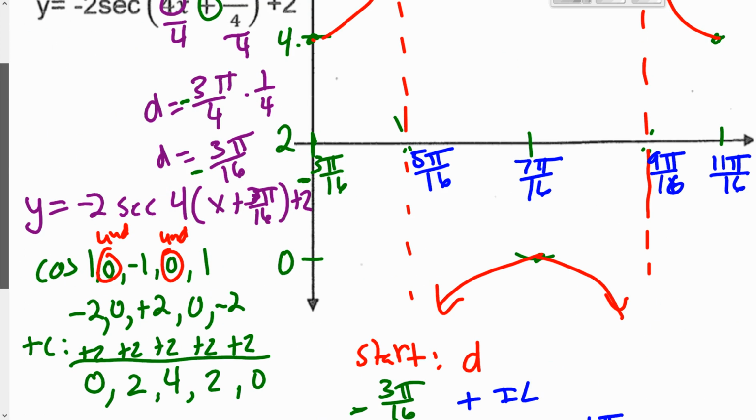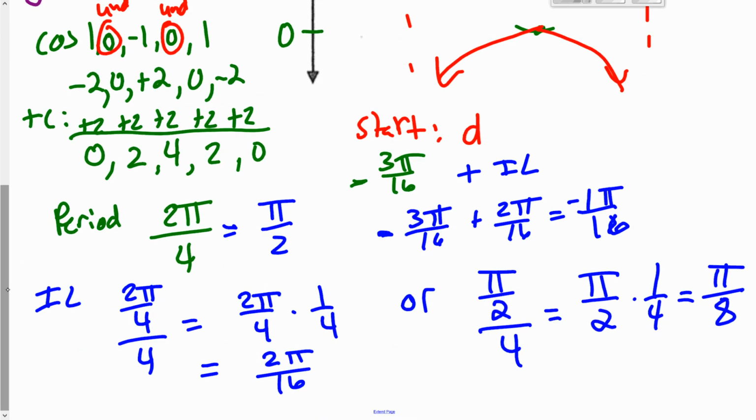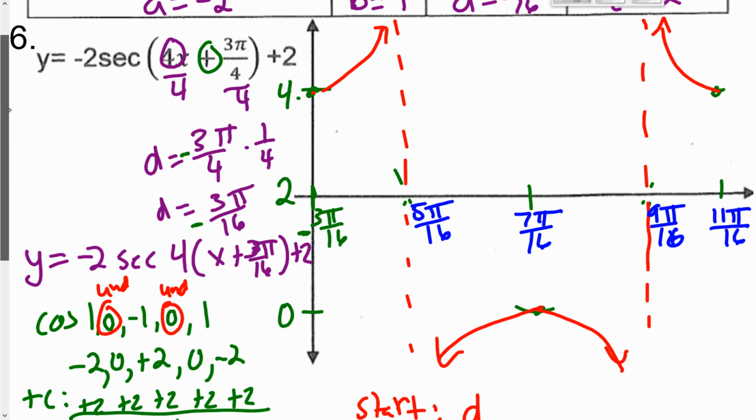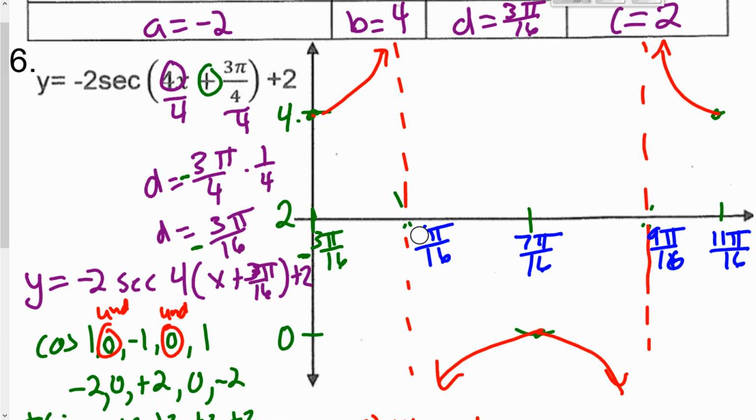So let's switch this. This is negative pi 16ths, and then I have to add 2 pi. Negative 1 plus 2 would be a positive 1. So this is pi 16ths. And I can erase this one.